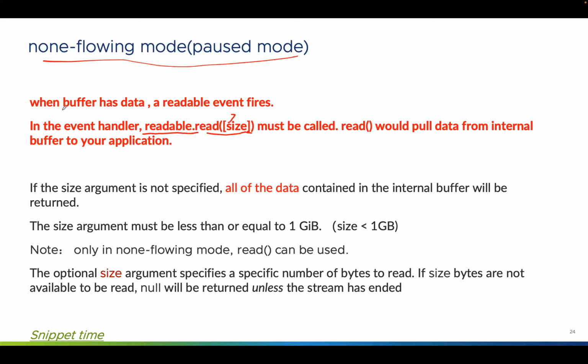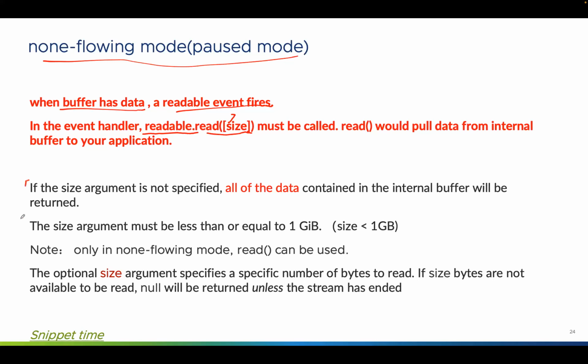As I said, when the buffer has data, readable events fire. So you have to define a readable event, and within the readable event, the read method must be called. You can give the size or leave it blank. Size is optional.